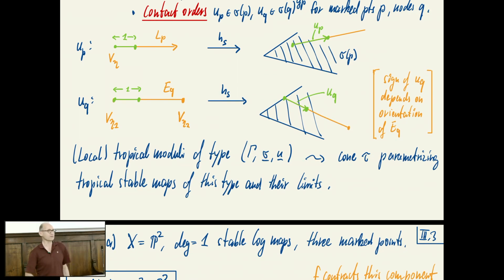So that's a type, or more precisely, it's a local tropical type of this curve. And there's a tropical moduli space, a local tropical moduli space for tropical stable maps of the given type, which means you just vary the lengths of the edges, you vary the positions of the vertices, all the ways you can do.